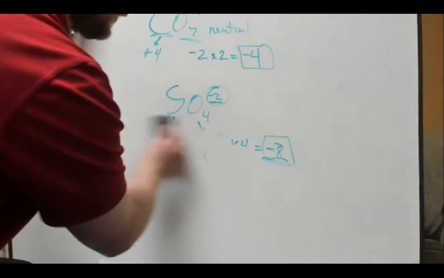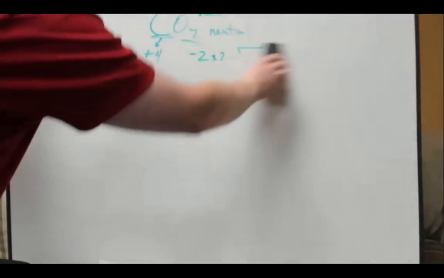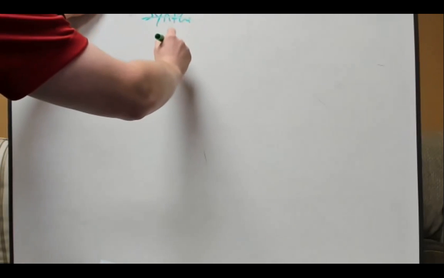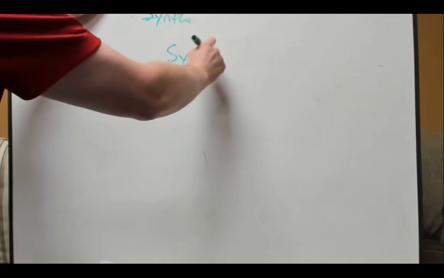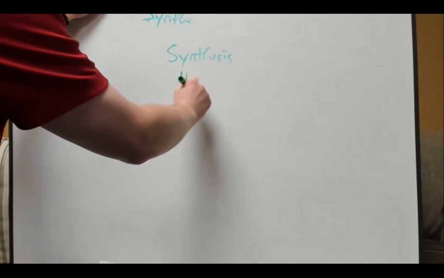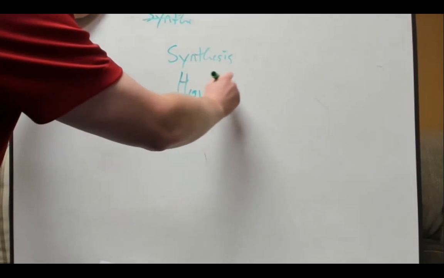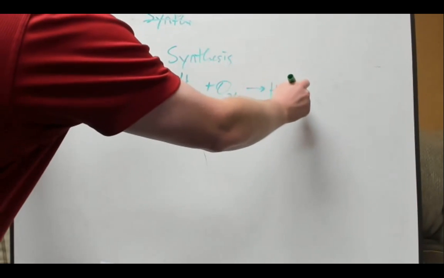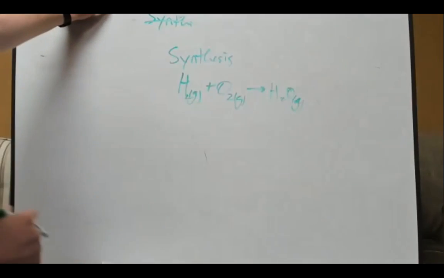So let's talk about the 3 different types of reactions. First there's synthesis, where you usually take 2 elements, as in H2 gas plus O2 gas goes to H2O gas or liquid, it doesn't matter.